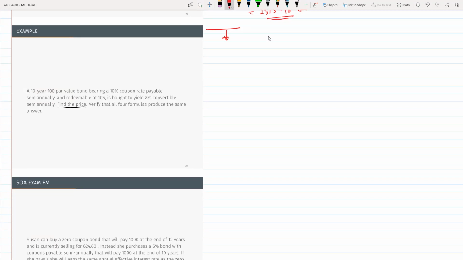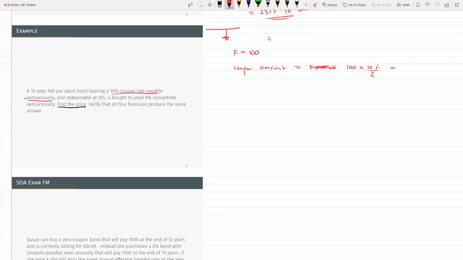It's a 10-year 1,000 par value bond. So the face value, the value which is used to calculate coupon, is $1,000. 10% coupon rate payable semi-annual. So the coupon amount is F times R, I mean the F times R. But it is nominal rate, so you have to divide by 2 since it's semi-annual.